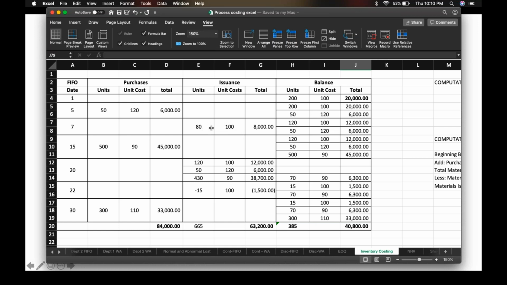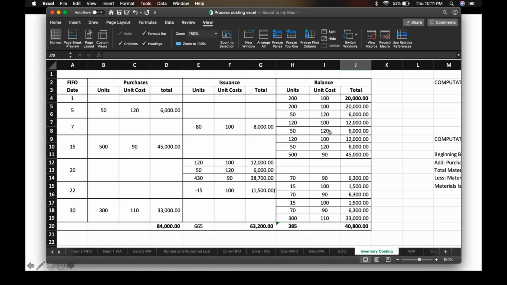Kaya yung cost ng 80 is not 120, will come from the first 200, and that is 100 pesos. So the total cost of the issued materials is 8,000. So the 80 units will be deducted to 200, and that will leave us 120 units at 100 pesos. The 50 units will still not be used.